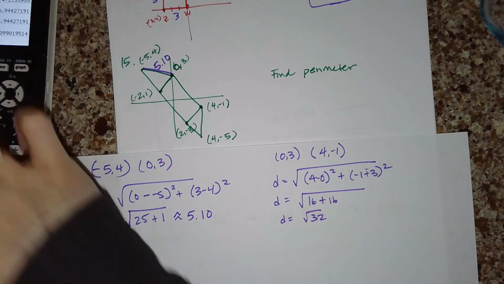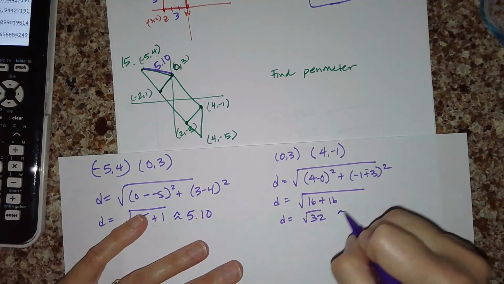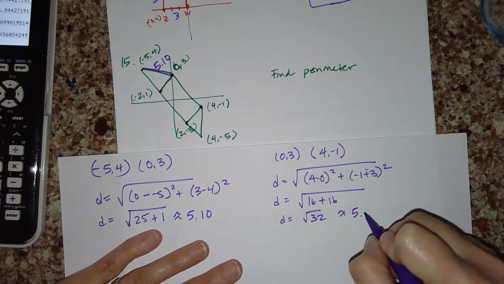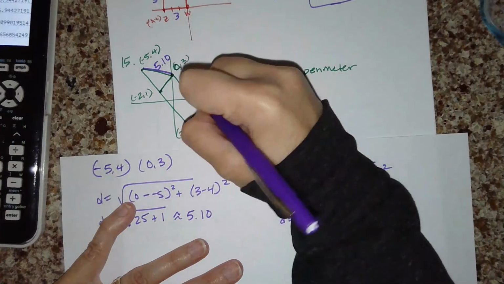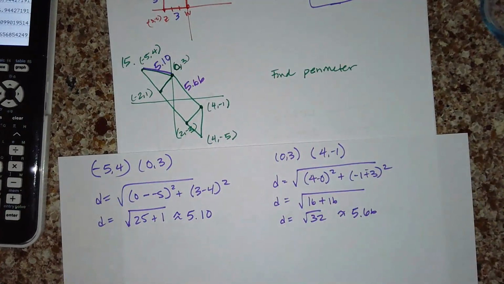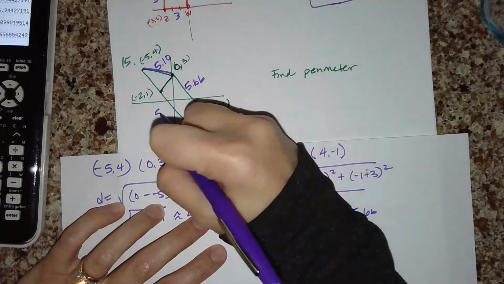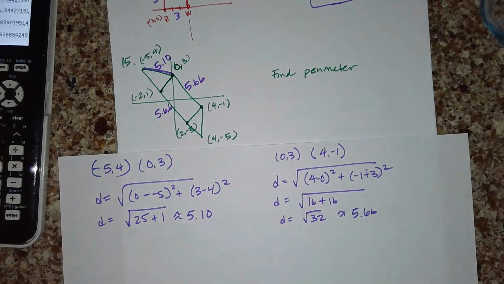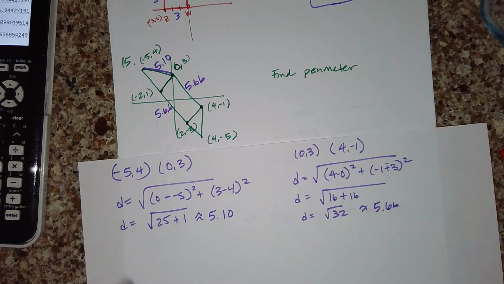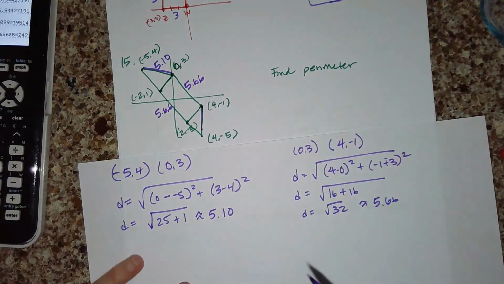If I put that in my calculator, I get about 5.66. So this one has the same distance because it's a rectangle, so I can save myself a little bit of time there. Okay, let's do this one. I wonder if it's the same as the other one, but we'll check.